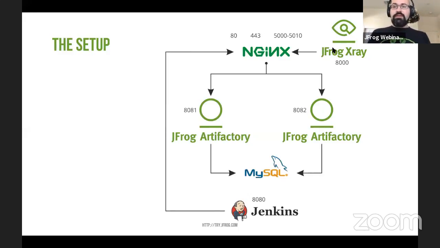On the side of it, we have JFrog X-Ray installed on port 8000, and it is speaking with Artifactory through this Nginx load balancer. We also have Jenkins installed on port 8080, and it also speaks with Artifactory using port 80 on our load balancer. So this is the big picture. Those are the players that we have.